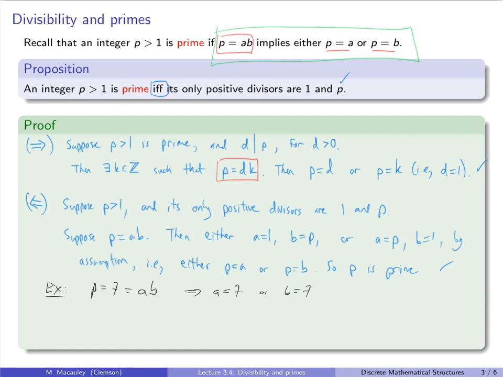And here I should assume that a and b are positive. And a non-example is 6. So if 6 is equal to a times b, it's not necessarily true that a or b must be equal to 6. What if 6 equals 2 times 3, for example?